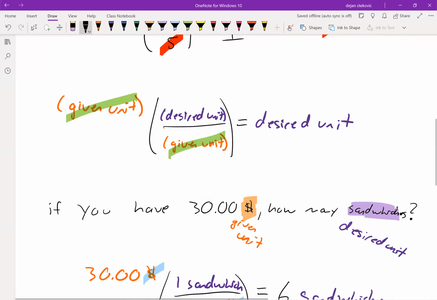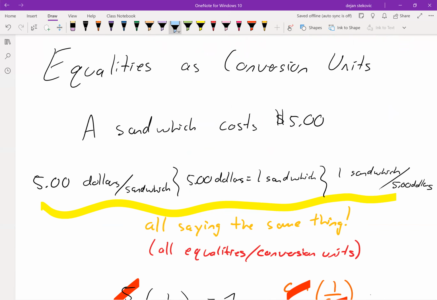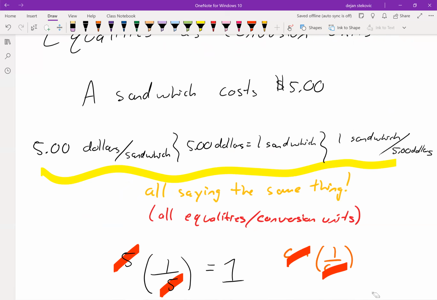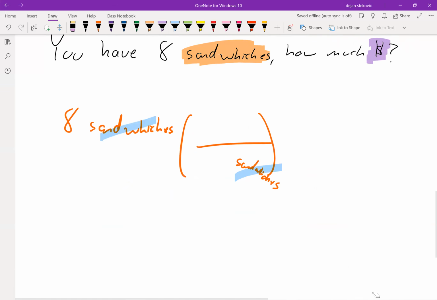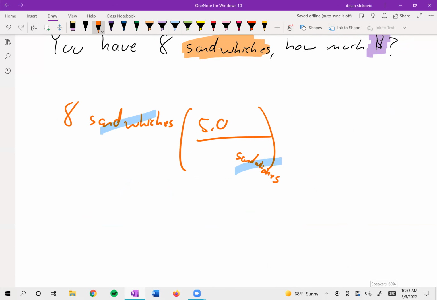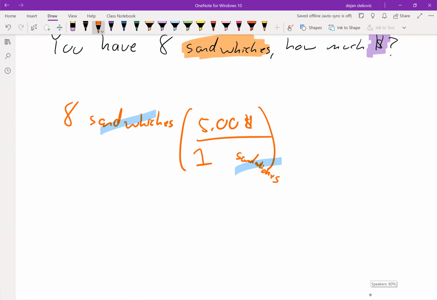Then I just look through the problem or think about what I know and try to place it. Here we have sandwiches down in the denominator, so we want to use that one: $5.00 for 1 sandwich. Go ahead, do the math there. Your sandwiches cancel out, and what you're left with is $40.